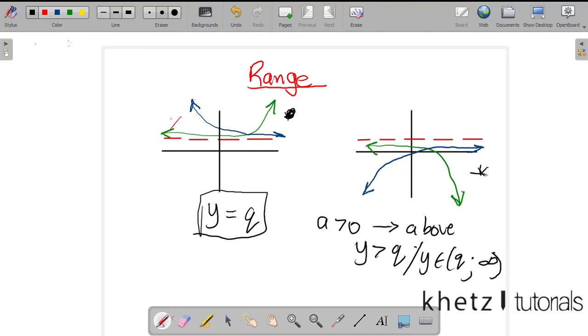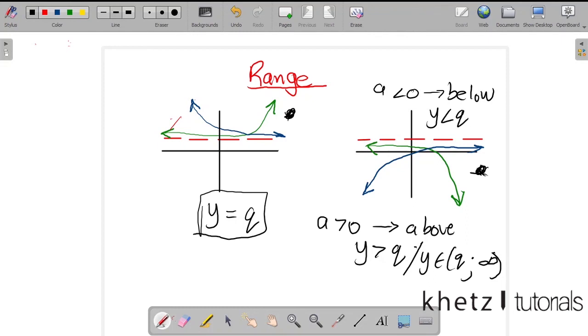And for this case over here, where we have a less than 0 and the graphs occur below the asymptote, you will notice that your y values will always be less than q, or less than the asymptote.